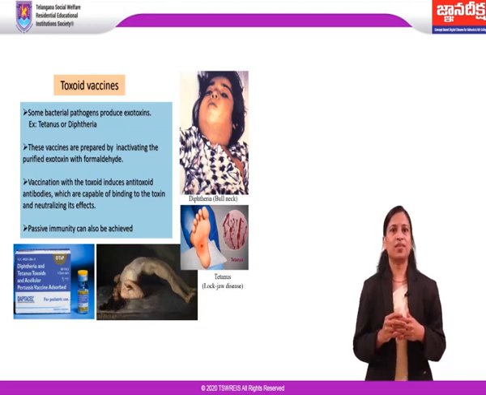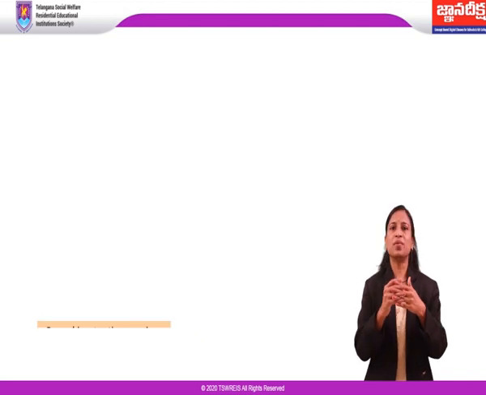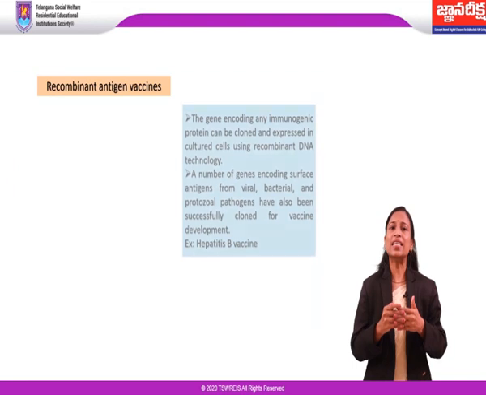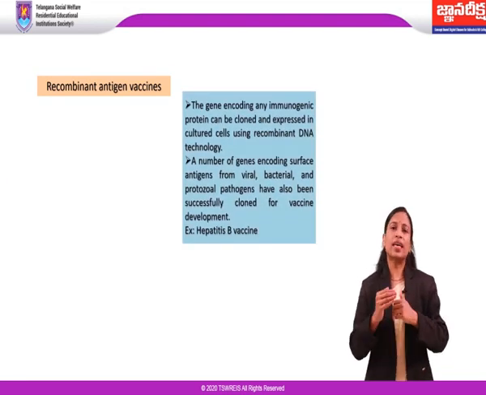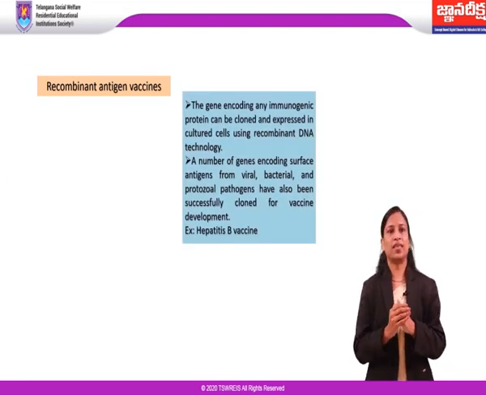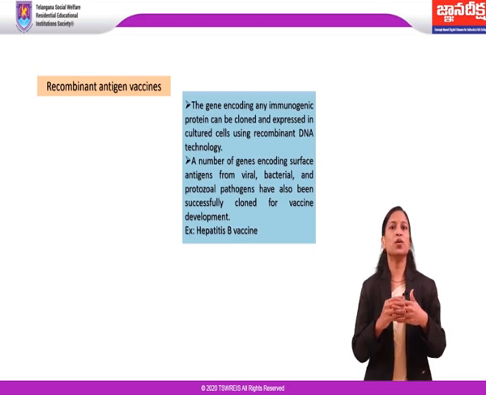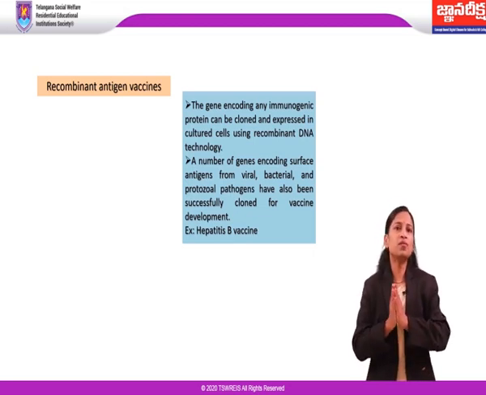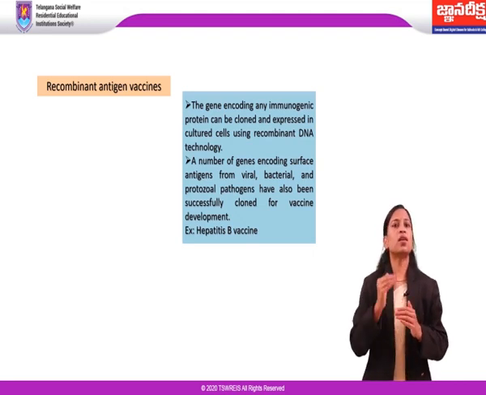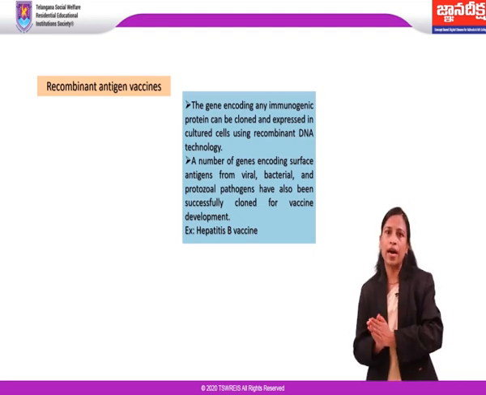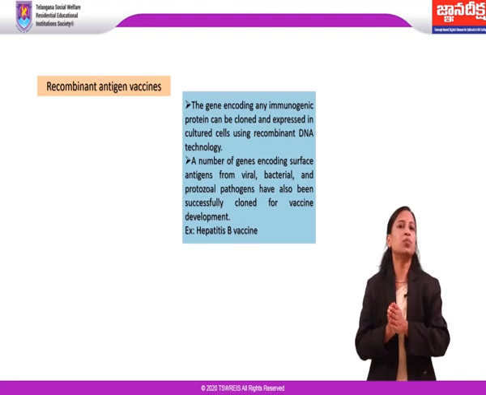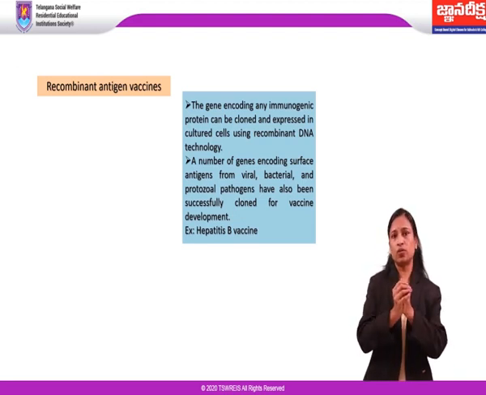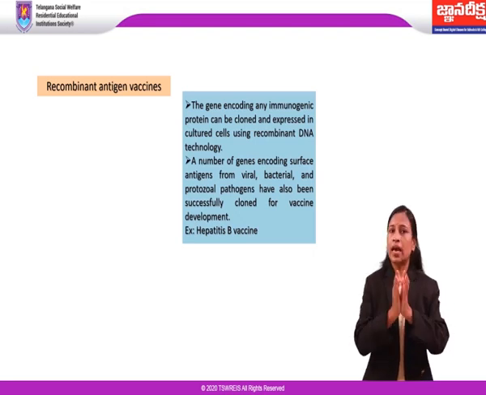Another class of subunit vaccines is recombinant antigen vaccines. The gene encoding any immunogenic protein can be cloned and expressed in cultured cells using recombinant DNA technology. A number of genes encoding surface antigens from viral, bacterial and protozoal pathogens have also been successfully cloned for vaccine development.